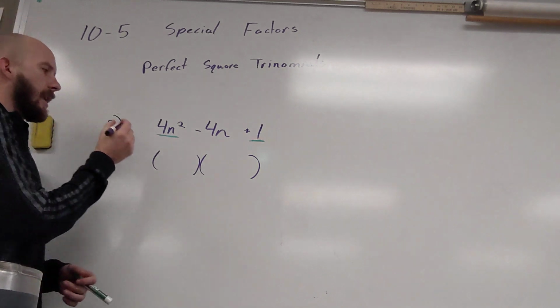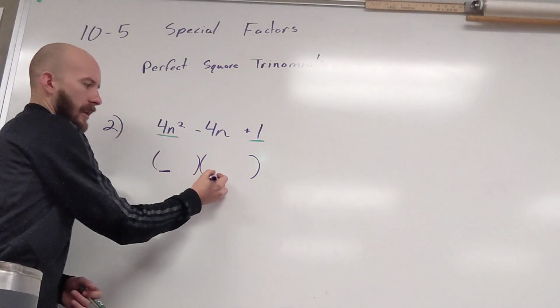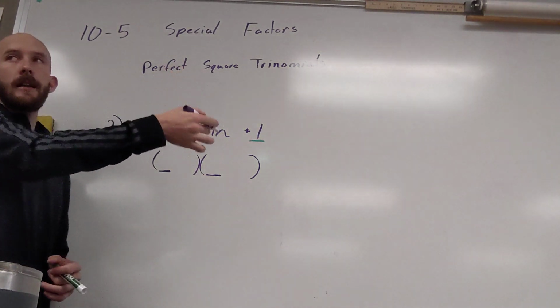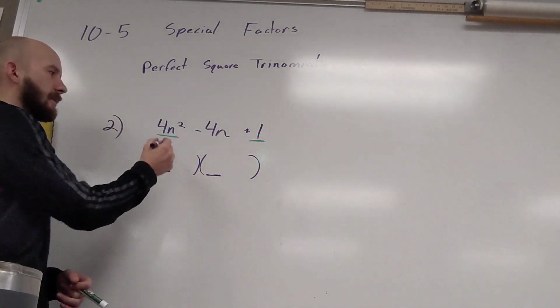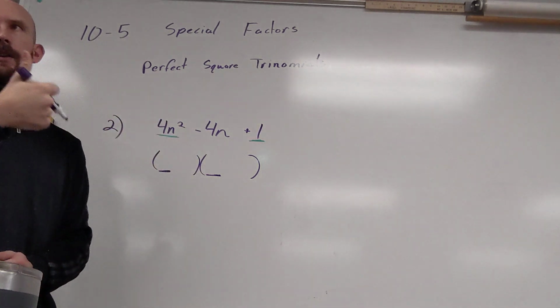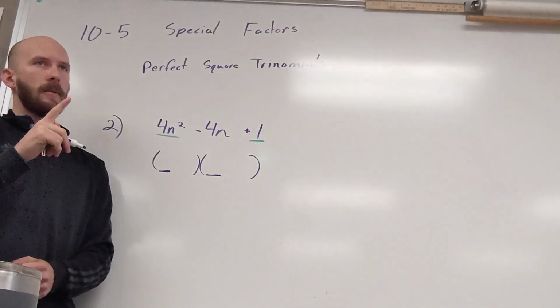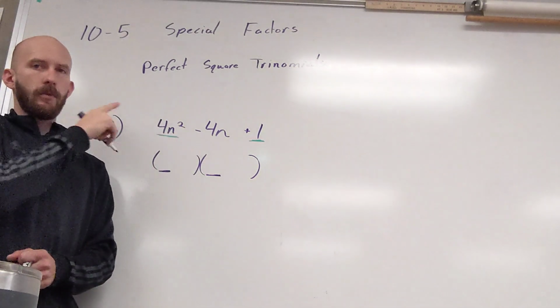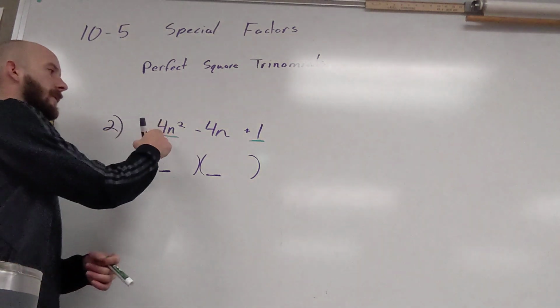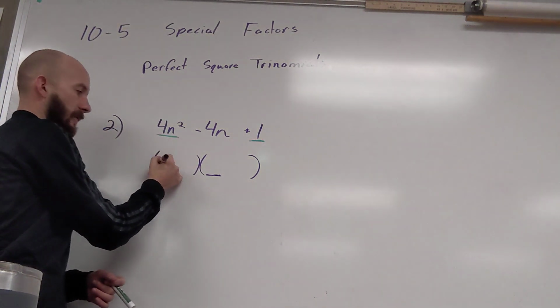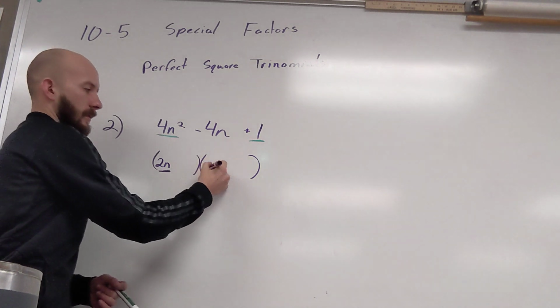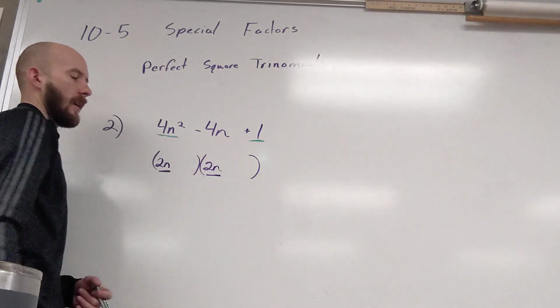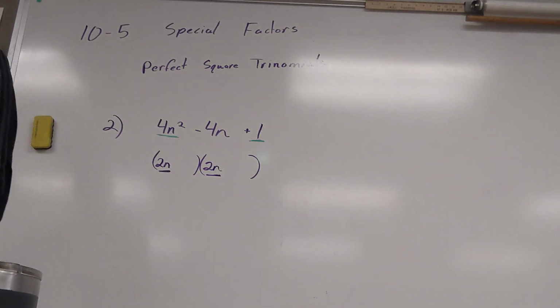Now the first thing in each parentheses, it's not just going to be n and n. It has to multiply to be 4n squared. And the second, the variable is still going to be n times n. That's where we're going to get our n squared. But to get the 4, I have to have 2n and 2n. Is everybody all right with that?